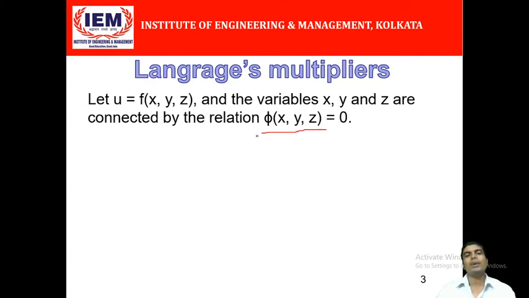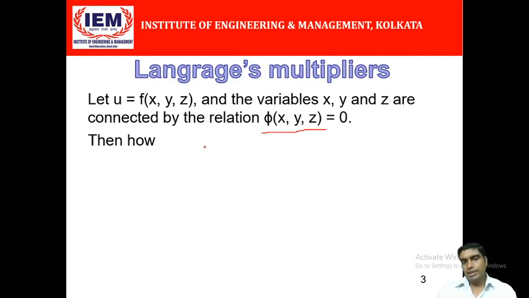There is another function, phi of x, y, z, which is basically a function of three variables x, y, z, and these x, y, z also satisfy this equation. So this is basically one constraint, and for this function how can we find the maxima and minima?